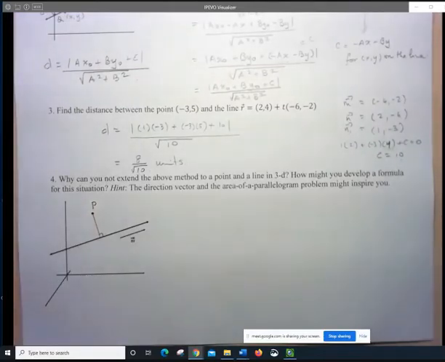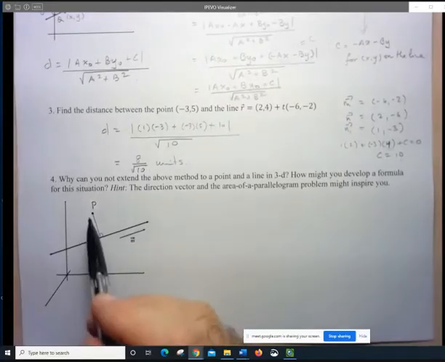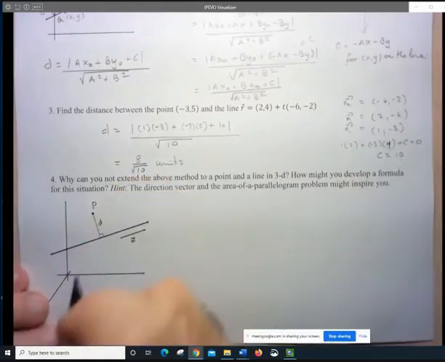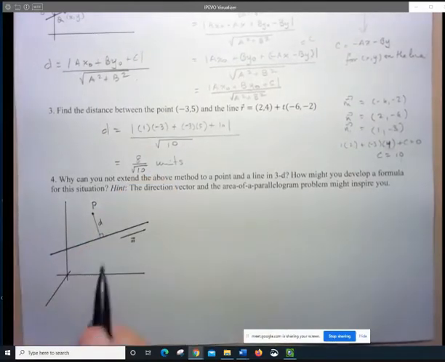All right, so I'm suggesting here that we might use the area of the parallelogram to help us determine this distance. Now, problem is I don't have a parallelogram. So can anybody tell me how I might produce a parallelogram?